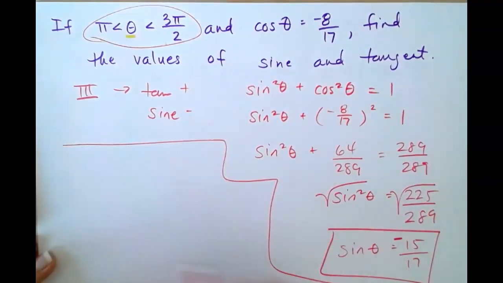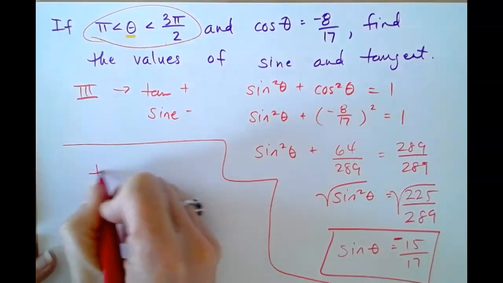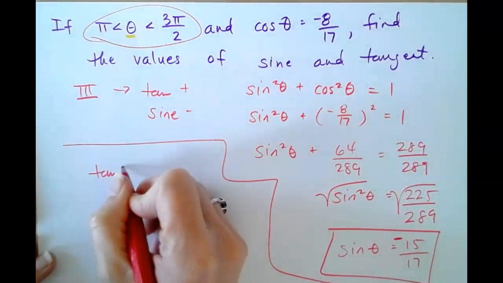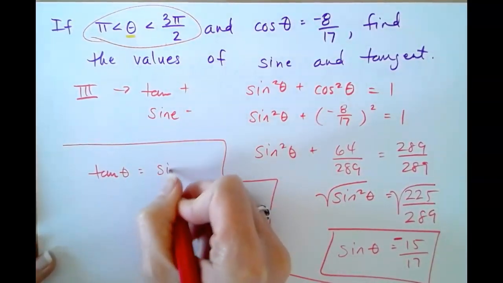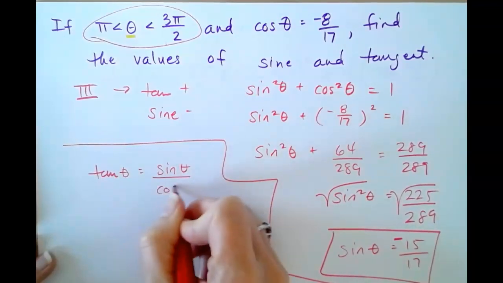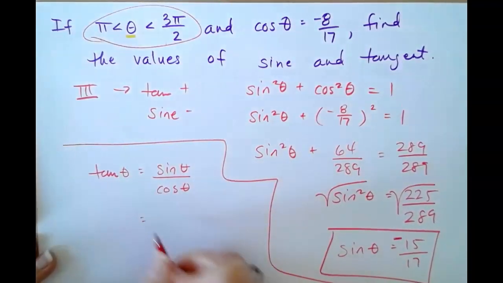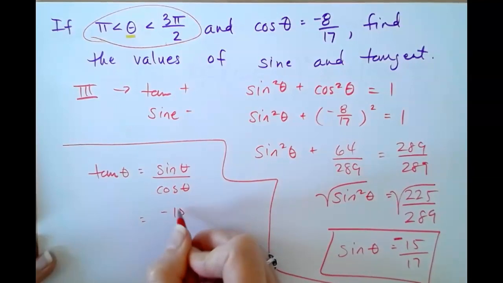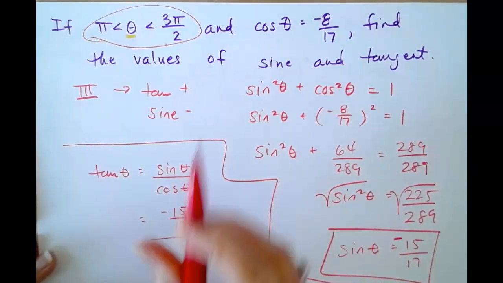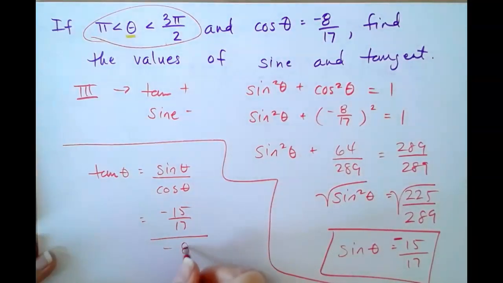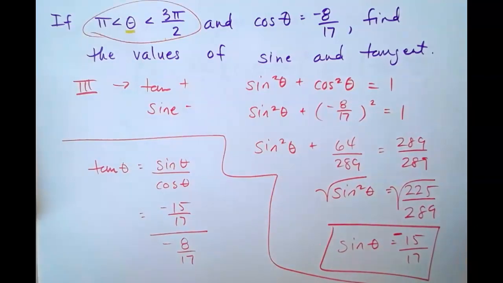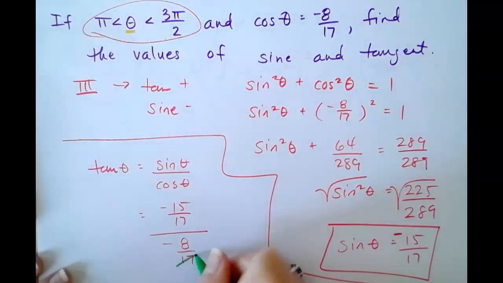And then what else do we know? By the quotient identity, we know that tan theta is equal to sine theta over cosine theta. So sine theta is -15/17, and cosine is given as -8/17. If we do a little bit of arithmetic here, we're going to find those denominators are going to cancel.